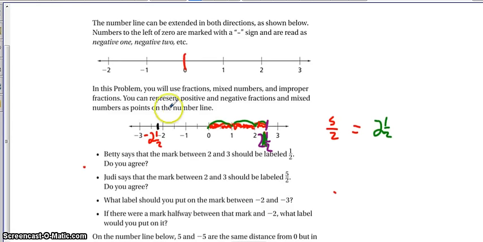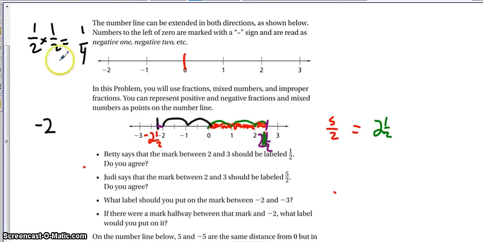So a mark right here would be -2 because we are 2 wholes away, but then we only are going 1/2 of 1/2, and 1/2 of 1/2 would be 1/2 times 1/2, which equals 1/4.